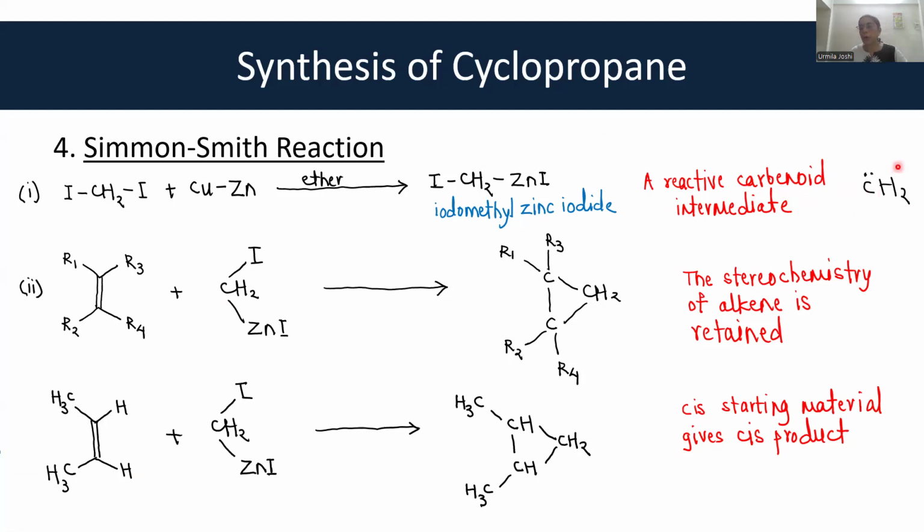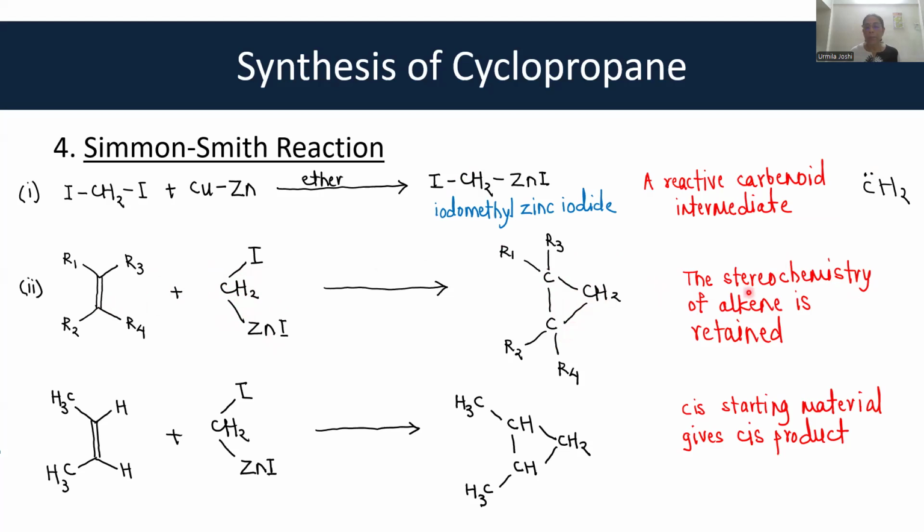This behaves like a carbene, an electron deficient species. Why does it behave like a carbene? This is CH2I, where the electrons are more towards I, and this is CH2Zn, where the electrons are more towards CH2, and so this behaves like a carbene, and therefore is called a carbenoid. This accepts electrons from the alkene, and a cyclopropane ring is formed.